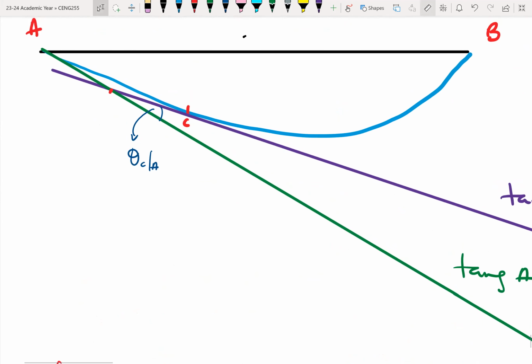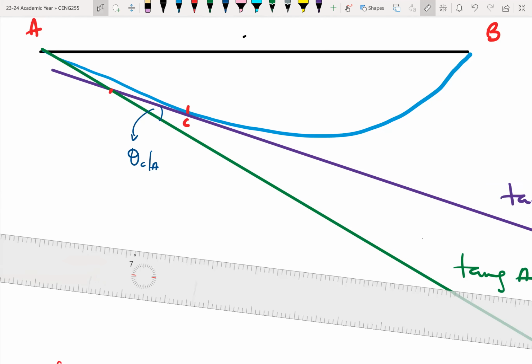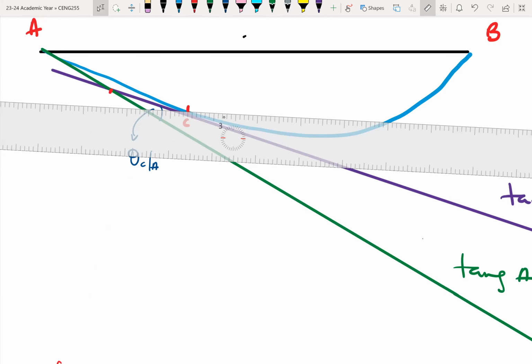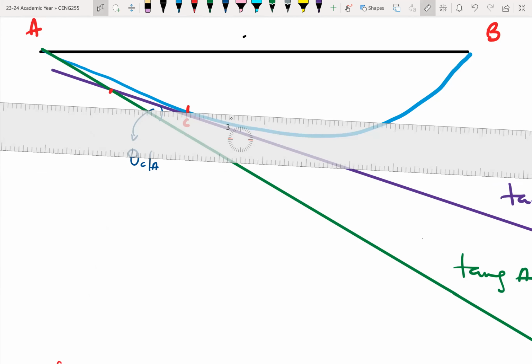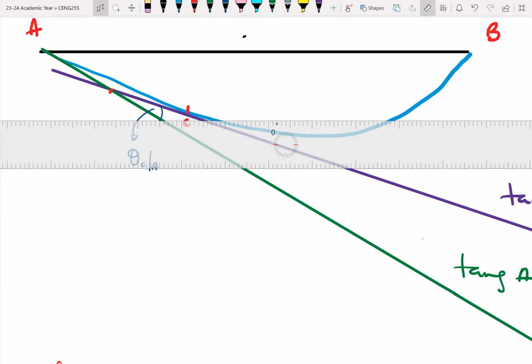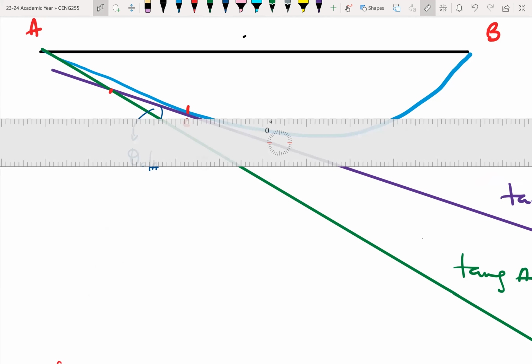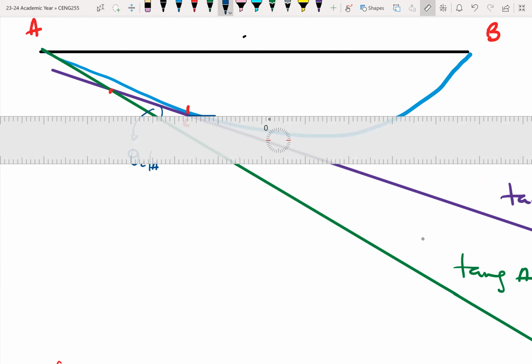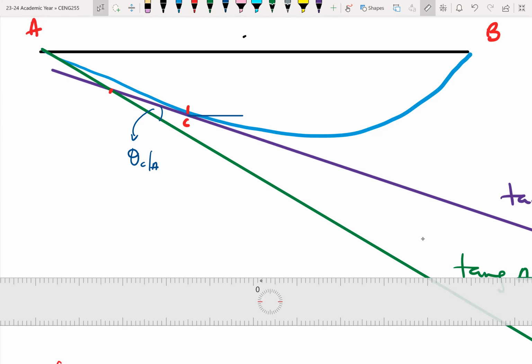Now, if you look at point C, I can draw a horizontal line where C is on the elastic curve. So I have something like this. The angle it makes with the horizontal, this angle here, is theta C. And that's what we've been asked to find.